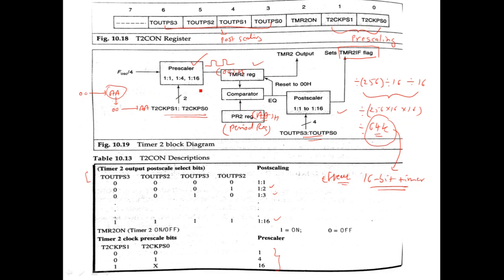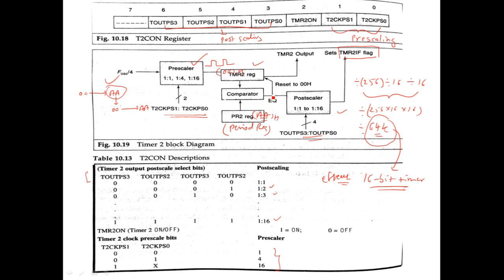Only after FF it will go back to 00. But here it can be aborted at a certain count, and that count you have to put in the period register. Therefore this has an auto reload facility. Is it clear?